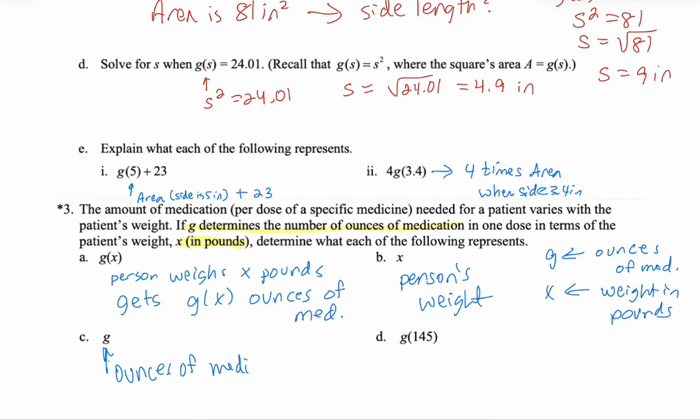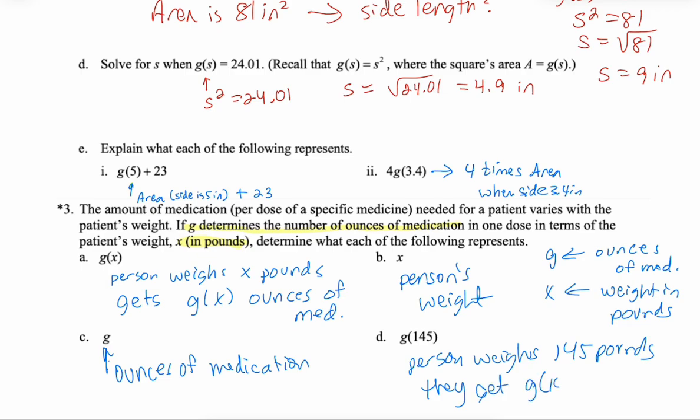So G of 145 says that if a person weighs 145 pounds, they get G of 145 ounces of medication.